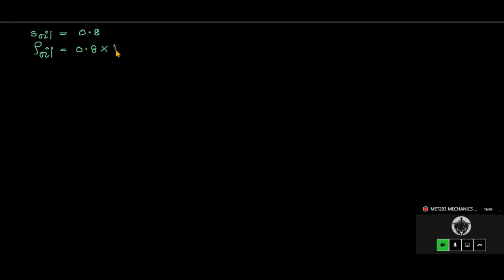We know that specific gravity is the ratio of the density of the fluid to the density of water. So 0.8 into 1000 is equal to 800 kilogram per cubic meter. This is the density of oil.